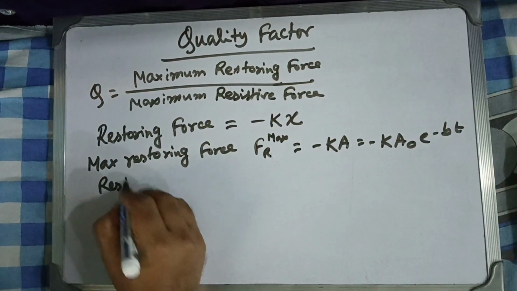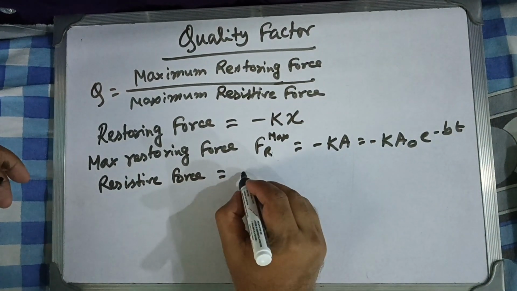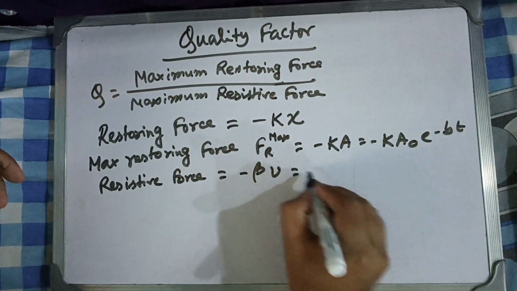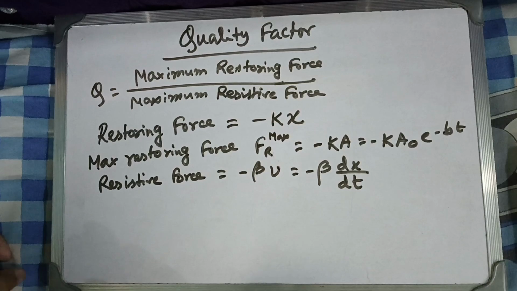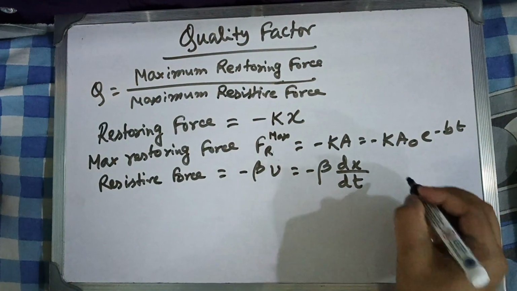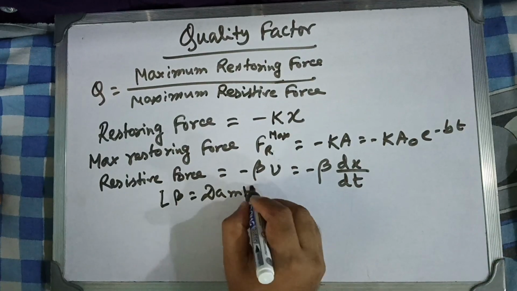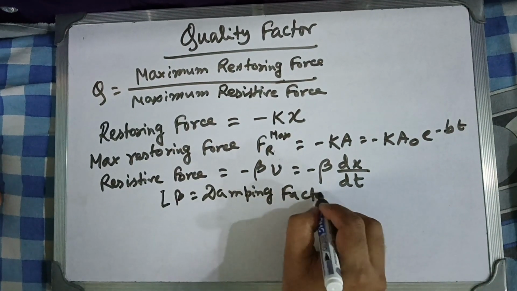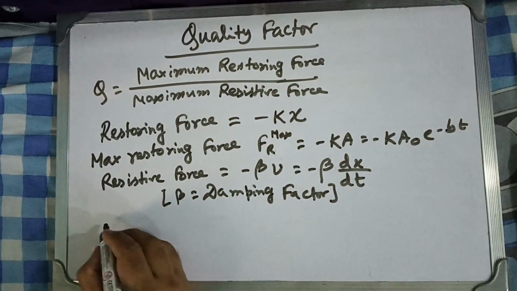Now the form of the resistive force, we know, is minus beta v, right? The v is the velocity, so that is dx dt. Now to find out the maximum value of resistive force, we require the maximum value of dx dt, and beta, you know, is called the damping factor. Now what will be the maximum value of dx dt? For that we require the form of x.